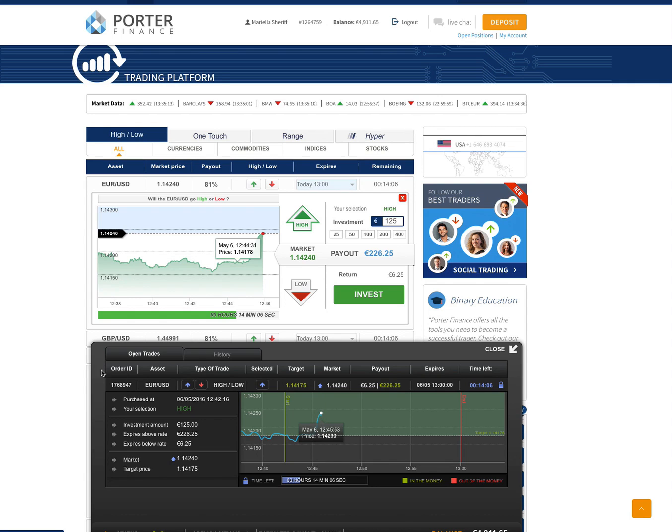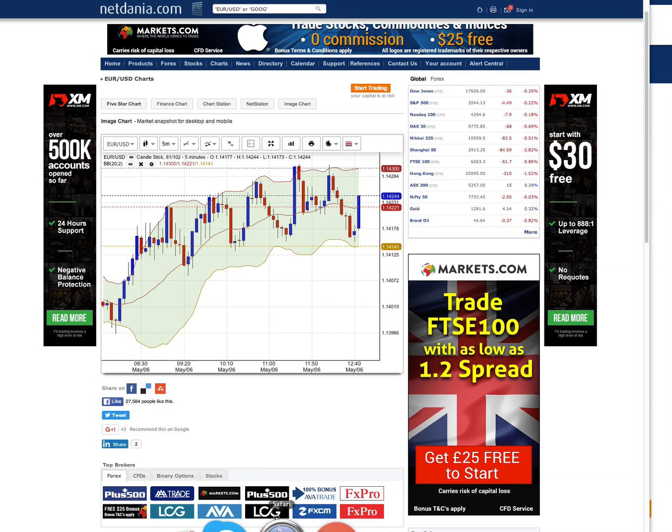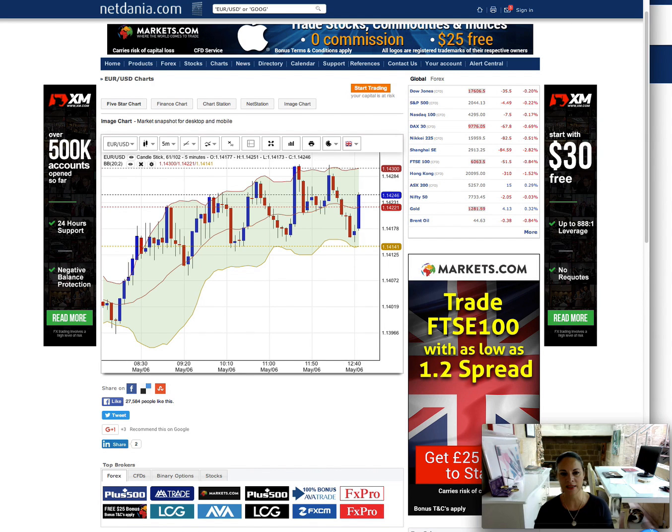And I do have one trade running which is looking quite good for now. But you see, the price went so fast up that it did not give me enough time to take another trade and pick it at a good price.